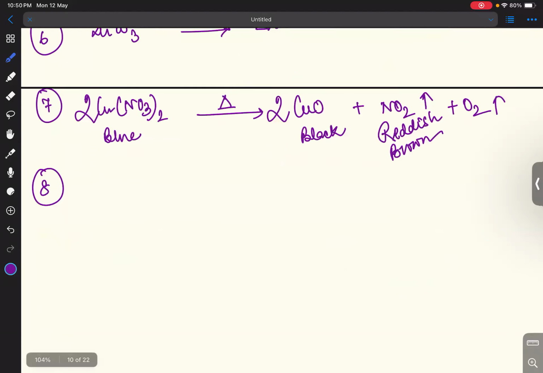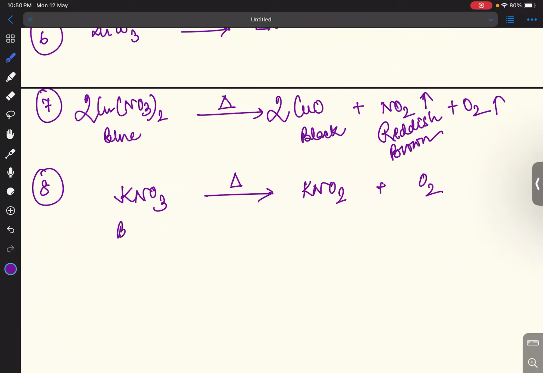Decomposition of potassium nitrate, as I've already taught you, this decomposition is very different. It is not the usual NO2 plus O2. So this is potassium nitrate.